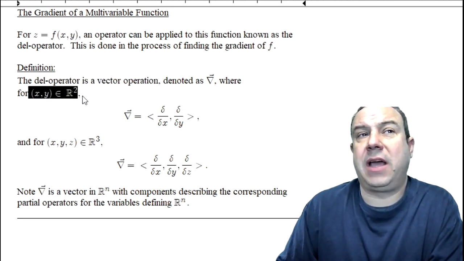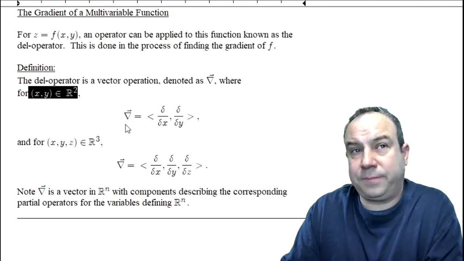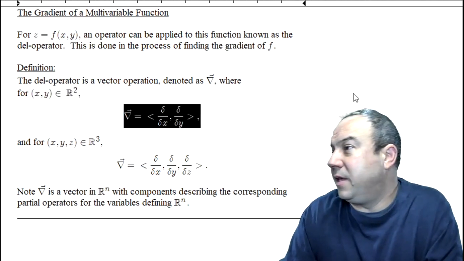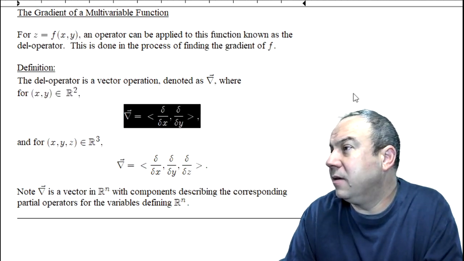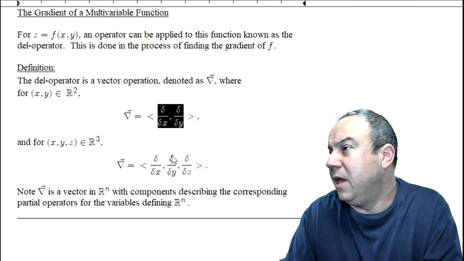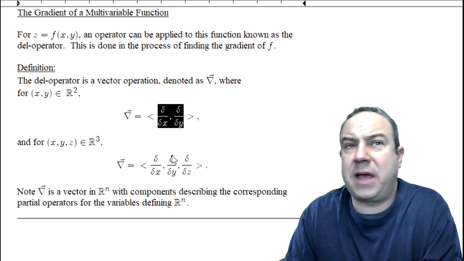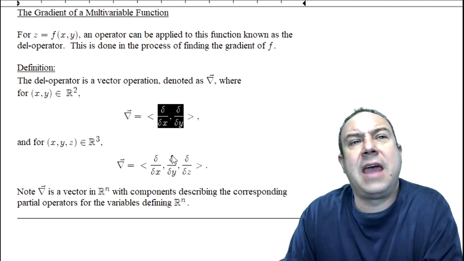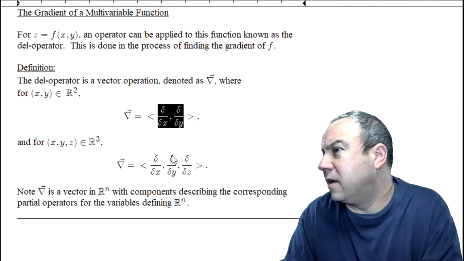For x comma y contained in two-dimensional space, the del operator is just the two-dimensional vector given by the partial with respect to x for the first component and the partial with respect to y for the second component.